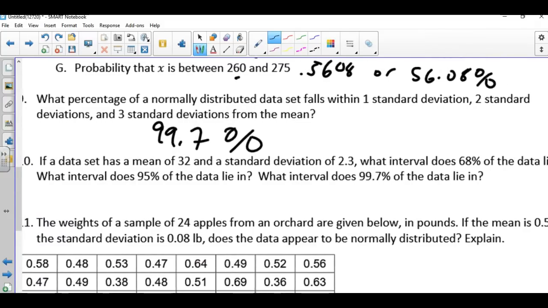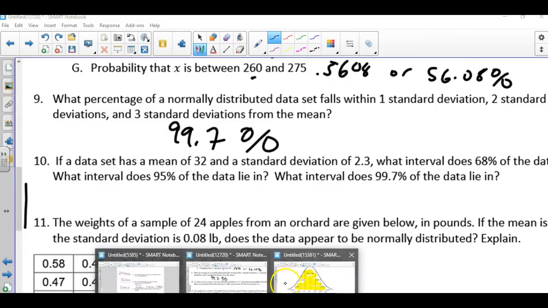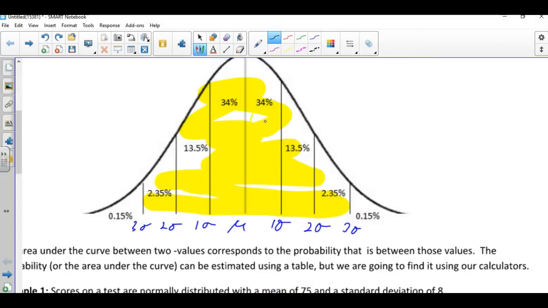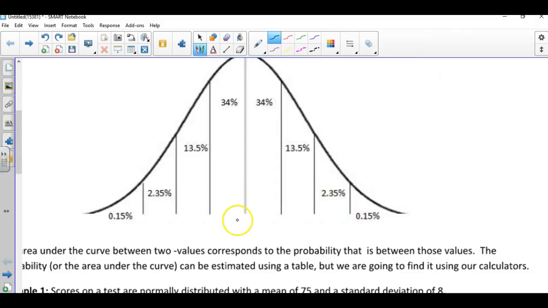You have to do some work on this one, and I'm going to show you why. Back to this one. They said that the mean was 32 and the standard deviation is 2.3.